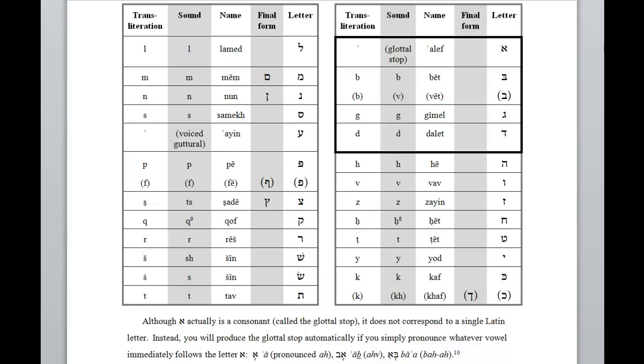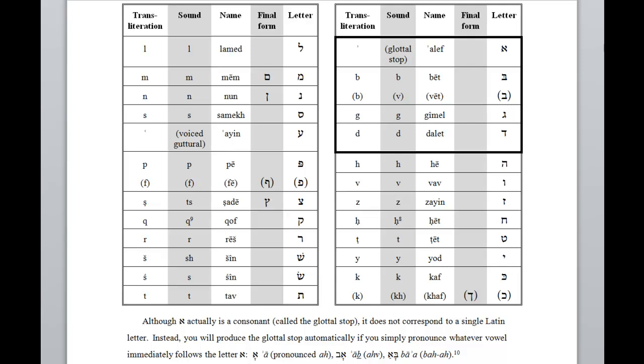The first letter, Aleph, is actually a consonant. It goes by the formal term a glottal stop, meaning a stop produced in the back of the tongue area. However, it does not correspond to a single Latin letter.